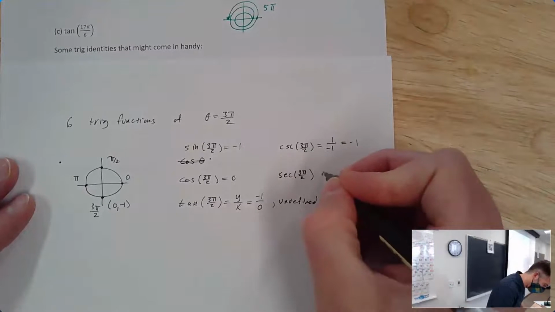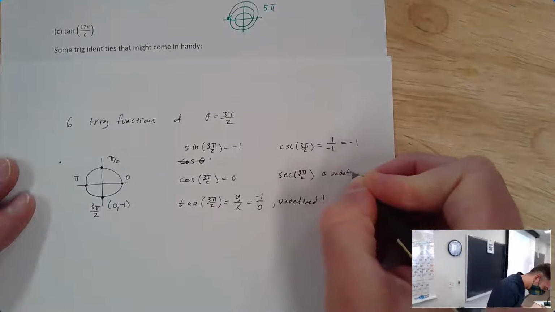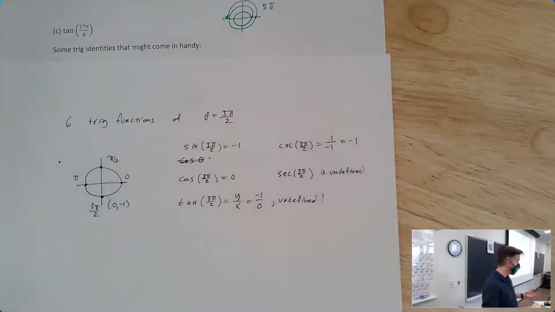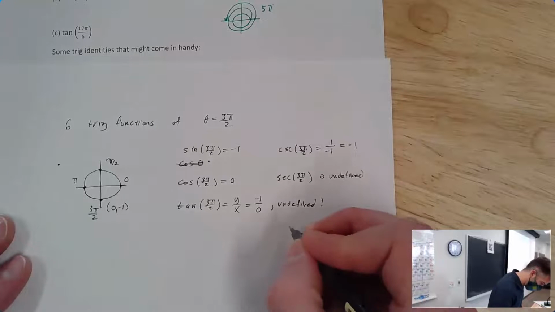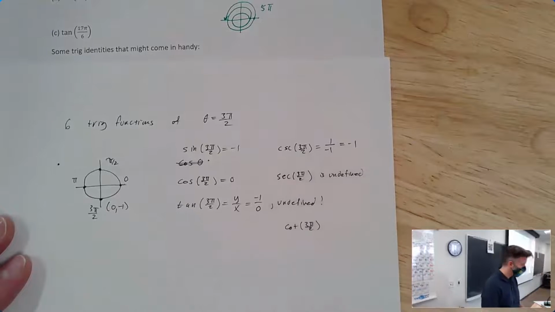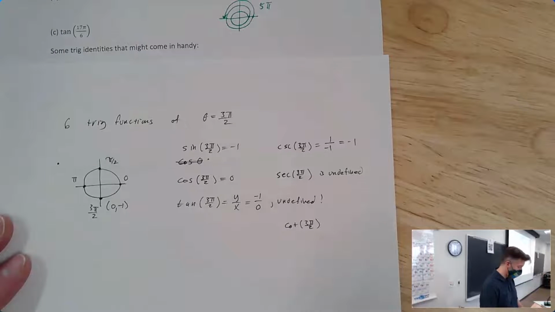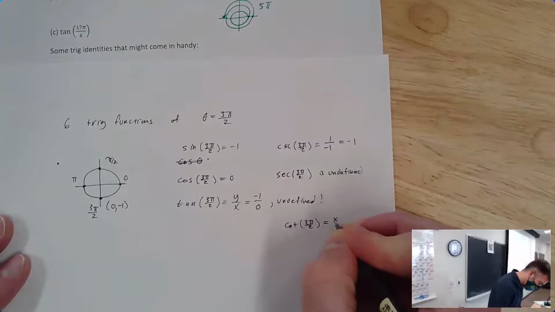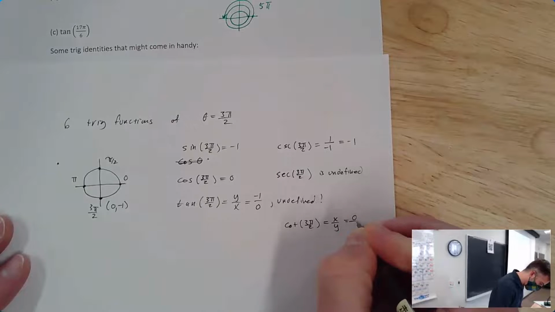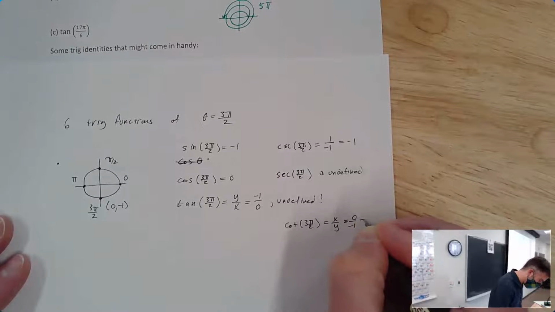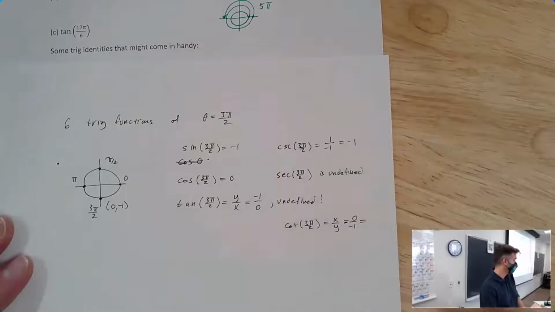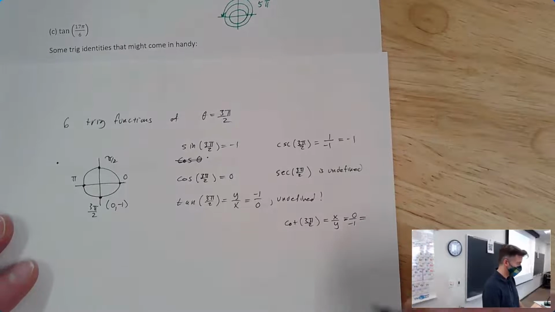It's all right. So whenever we divide by 0, it's undefined. And then cotangent of 3 pi over 2. Well, cotangent of 3 pi over 2 is x over y, not y over x. And x over y is 0 over -1. And 0 divided by something that isn't 0 is just 0, because -1 goes into 0 zero times.